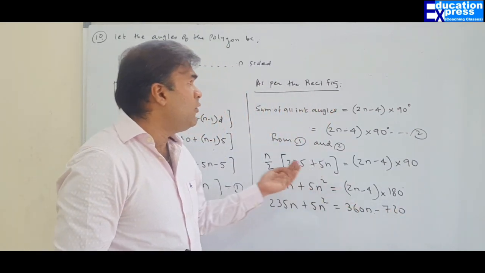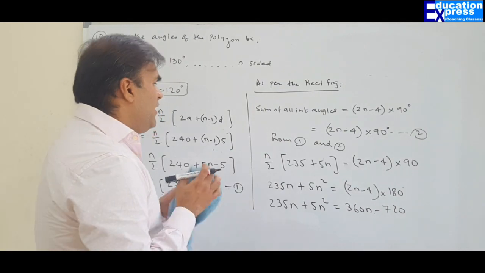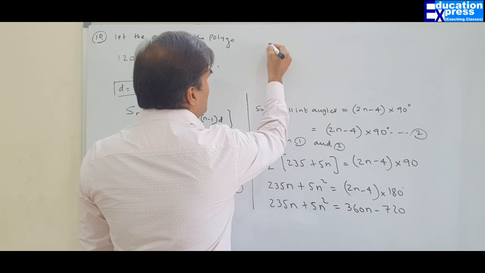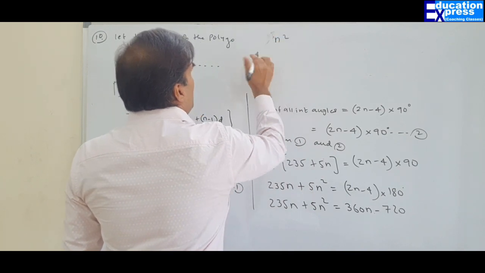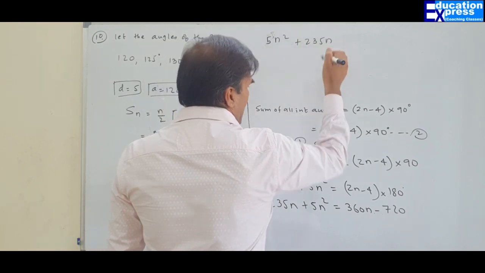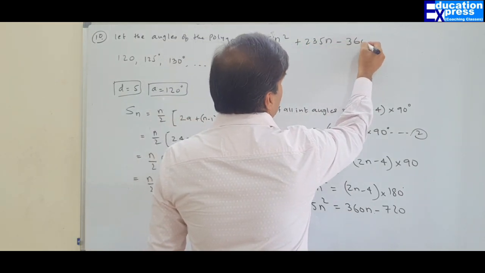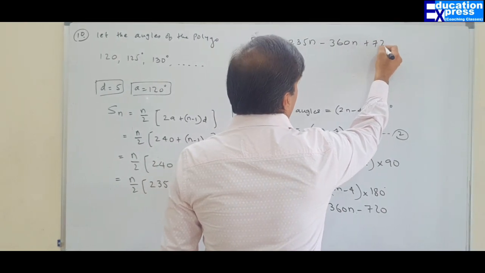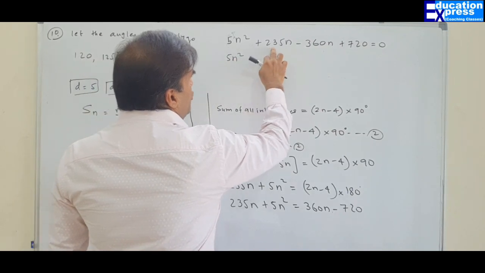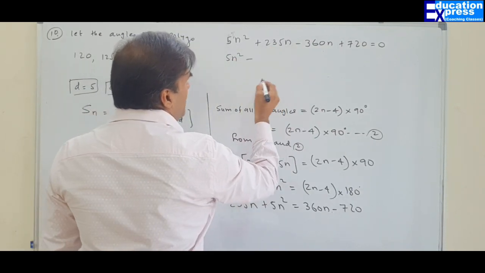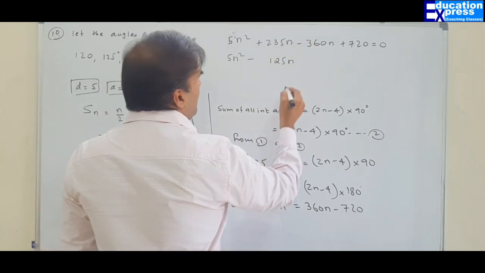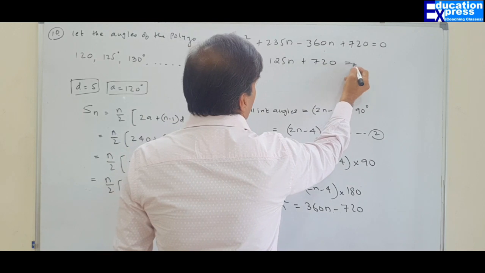Can we bring everything on one side? Of course. So it will look like 5n square plus 235n minus 360n plus 720 equals 0. So 5n square, 235 minus 360, it's going to be minus 125n plus 720 equals 0.